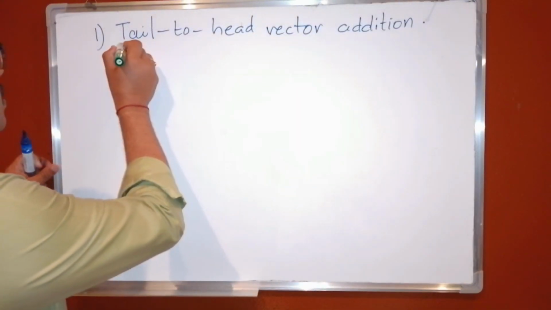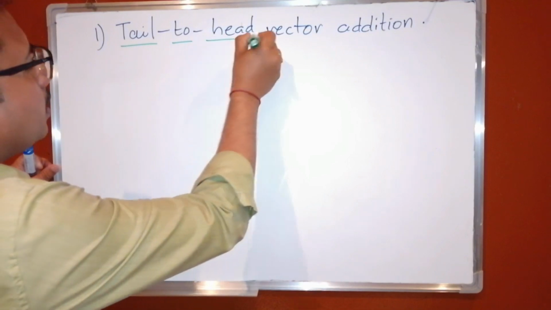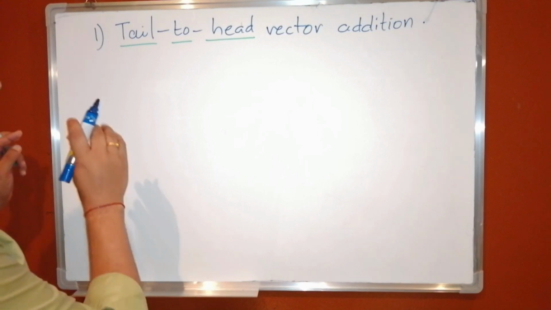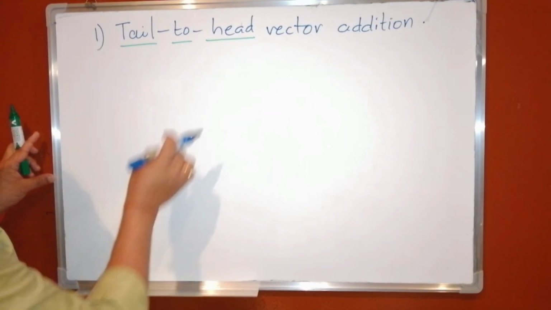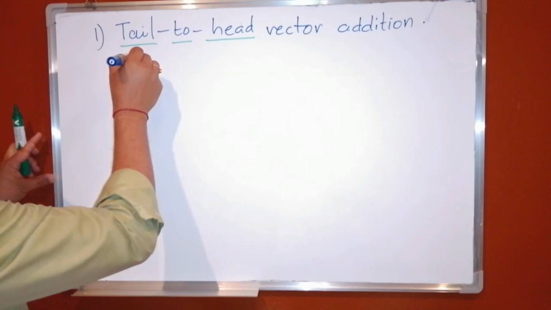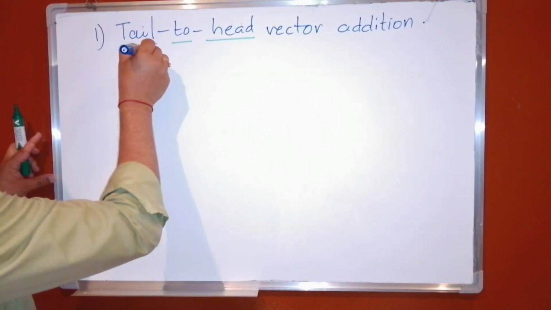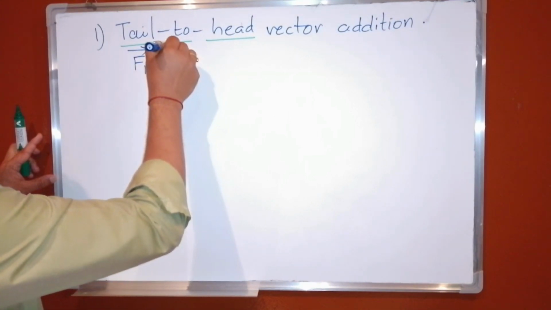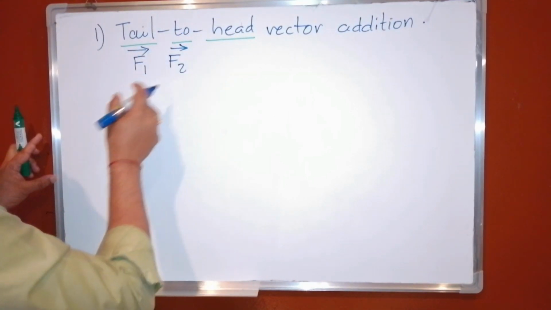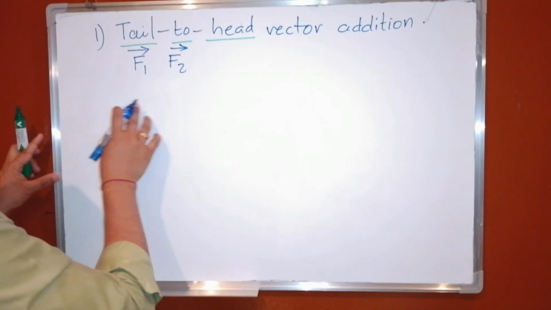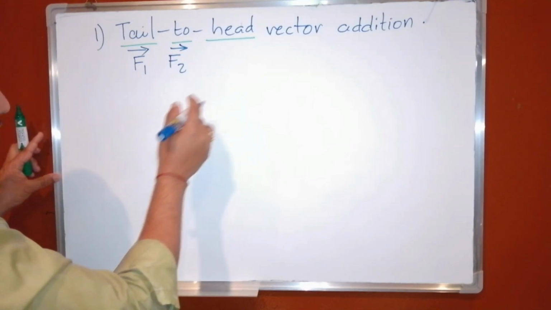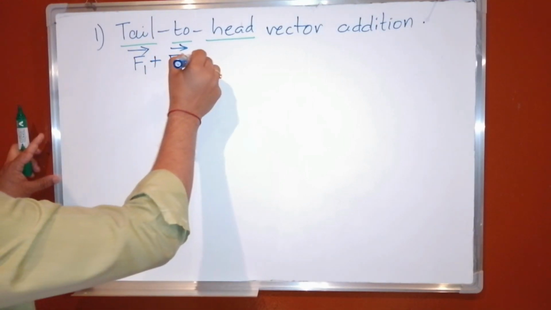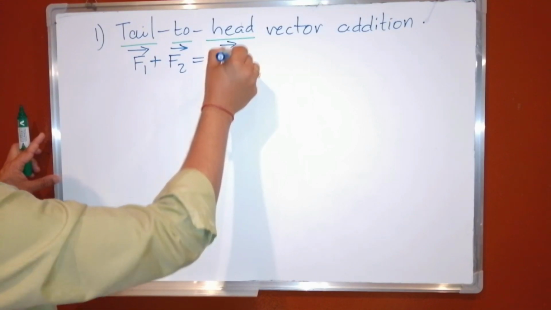The keywords are tail to head. For vector addition, there should be at least two vectors. If we have a first vector, let's say it's F1, and the second vector is F2, and the two vectors are in one dimension, in a straight line, we can do F1 plus F2 to give the magnitude of the resultant vector.